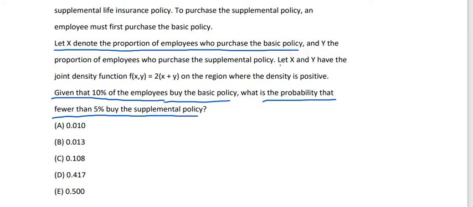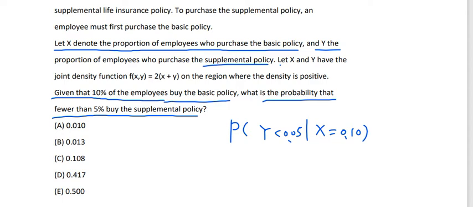So given the basic policy is 10%, y is the proportion who purchase the supplemental policy, and we want the probability that y is less than 5%.